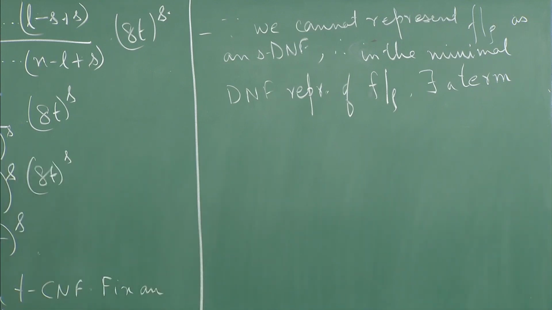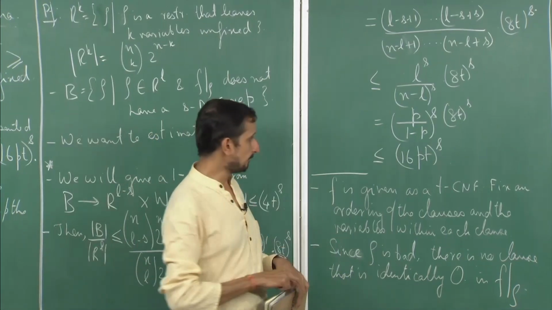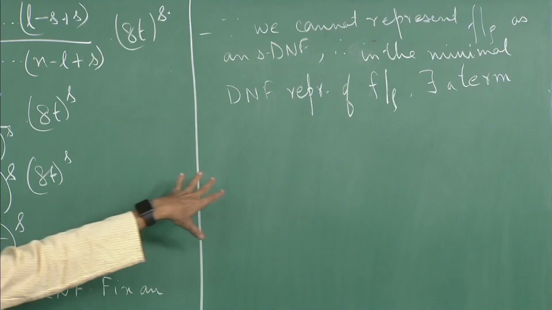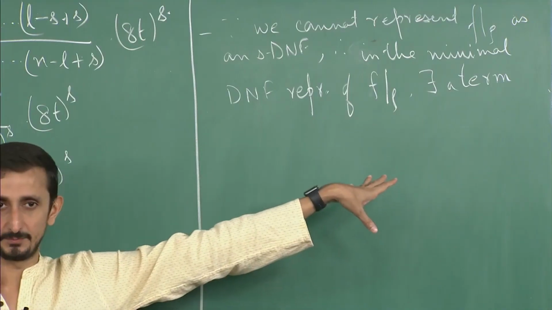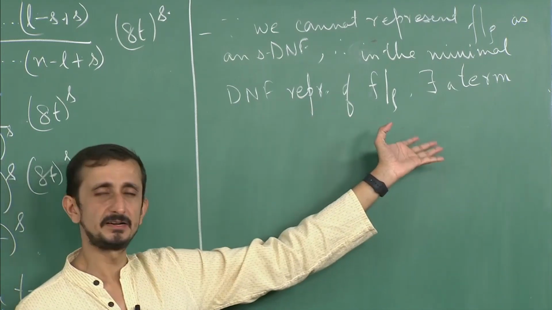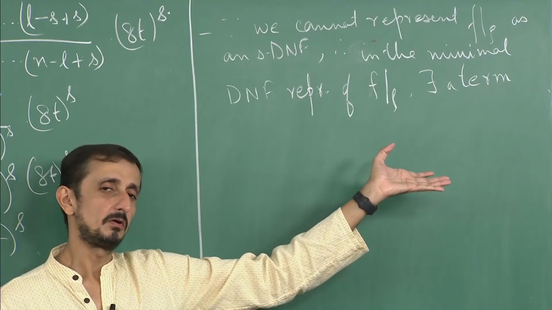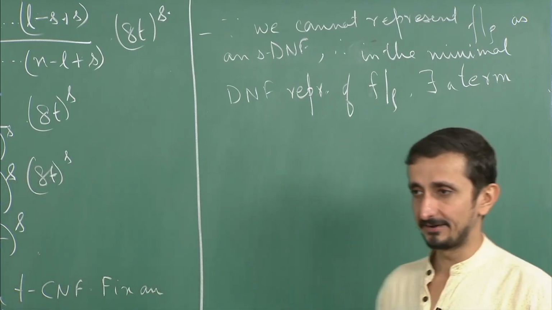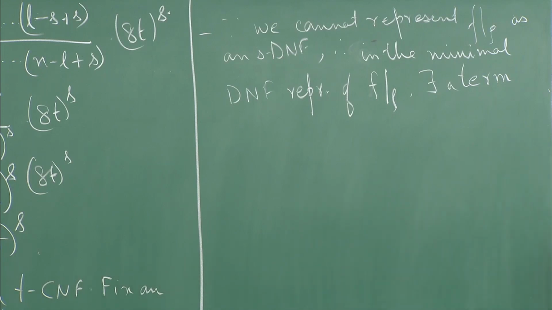So now look at f restricted to rho. By our choice of rho, we know that f restricted to rho does not have a SDNF representation. Okay. So, if I look at a minimal DNF representation, what can we say about the terms in that representation? Can all the terms be bounded by size S?